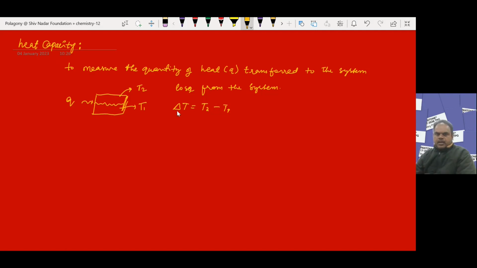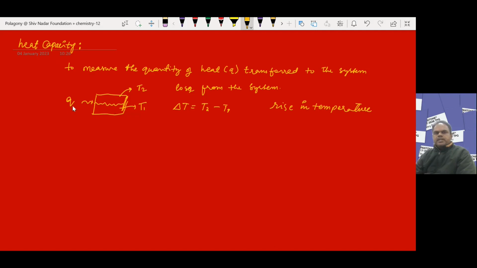That means when a small quantity of heat is transferred into the system, there will be a rise in temperature, whether the system is a gaseous system, liquid system or solid system.